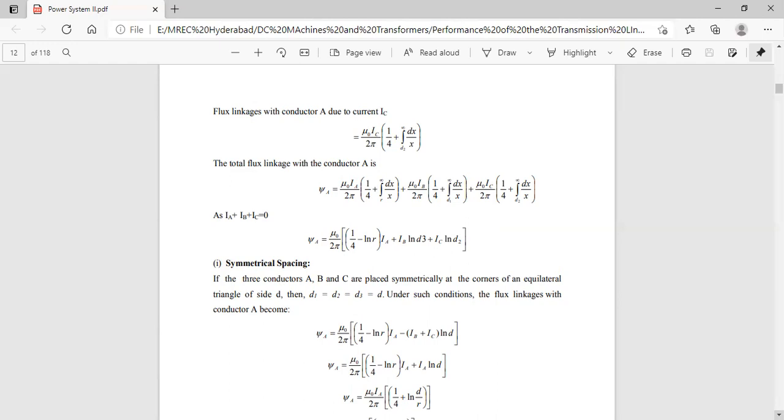Already we assumed the three conductors are at unequal distances. Now you have to assume symmetrical spacing.